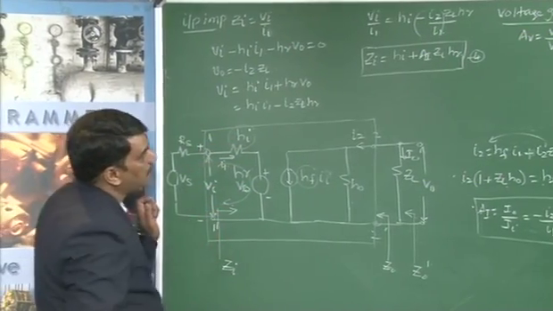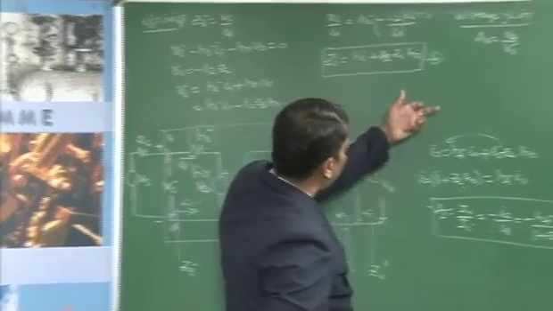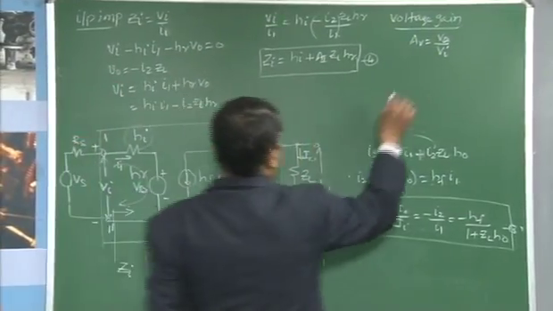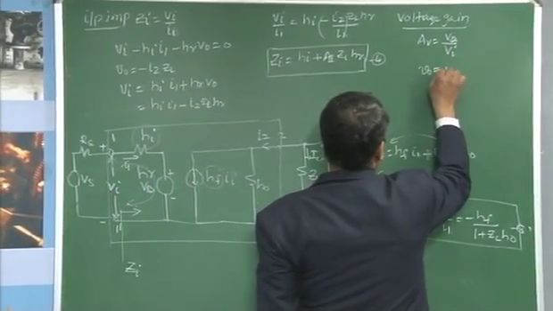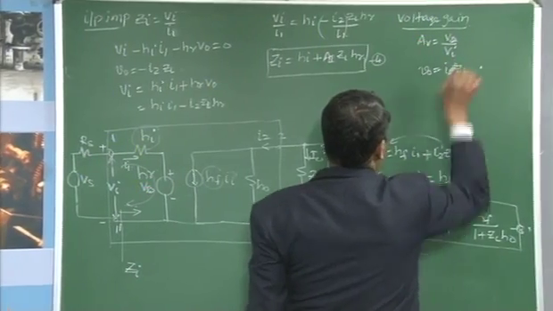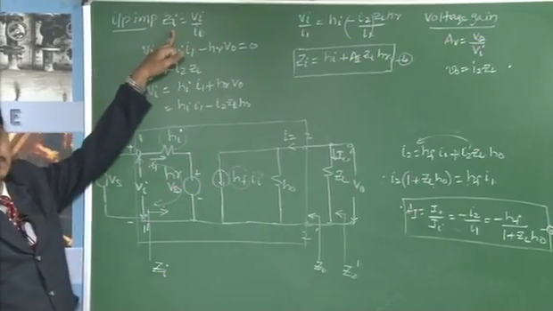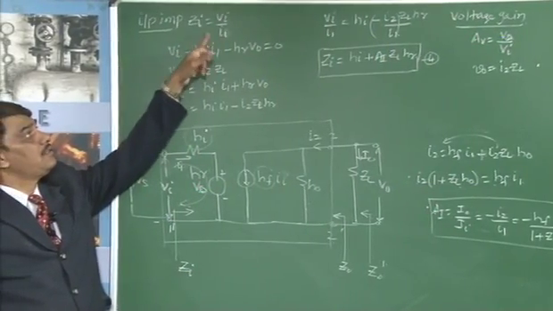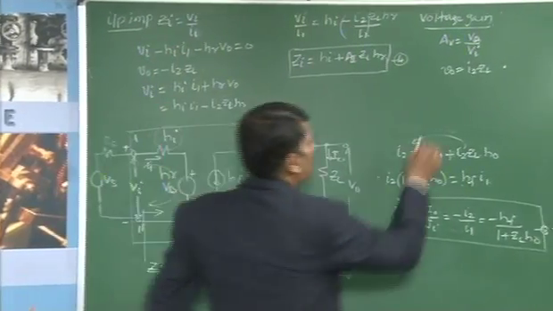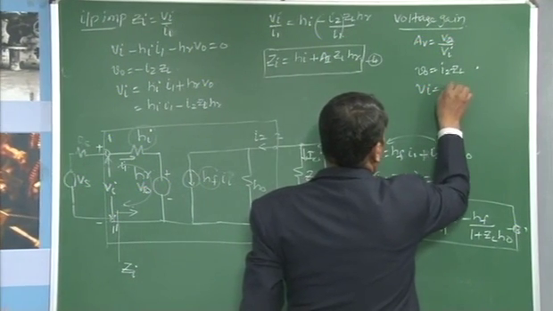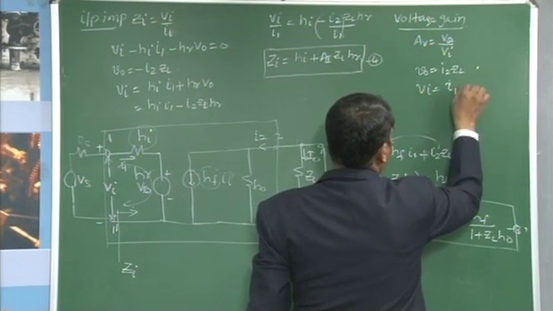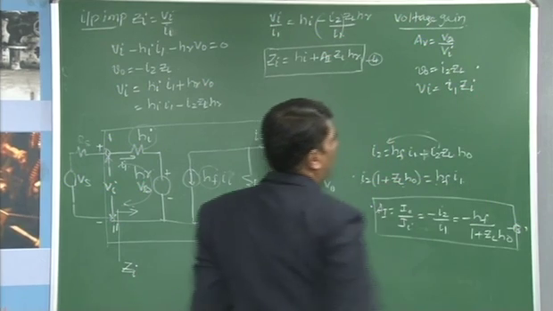From the circuit diagram, we know that V0 is equal to minus I2 ZL, and from the input impedance equation, Vi is equal to I1 into Zi.